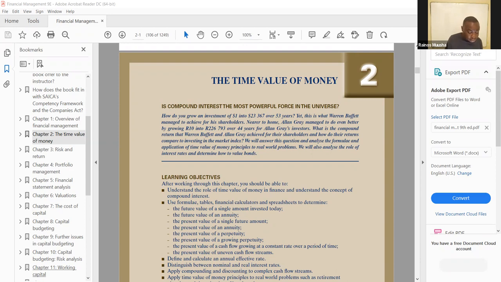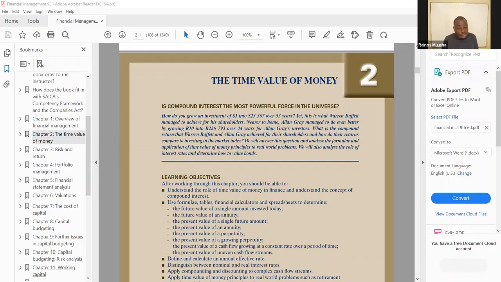But remember, time value of money forms the basis of the other chapters that we're going to be looking at, especially when you look at chapters 6, 7, and 8. Time value of money principles are going to be coming in as well, mainly because with valuations and capital budgeting, you're going to be looking at valuation, you're going to be using the time value of money principles as well.